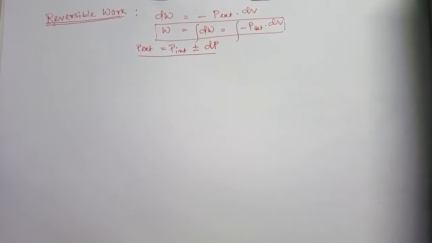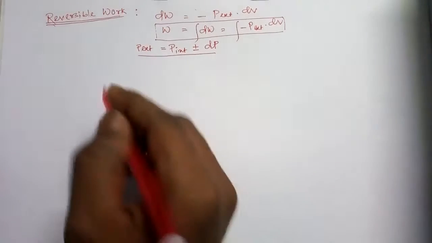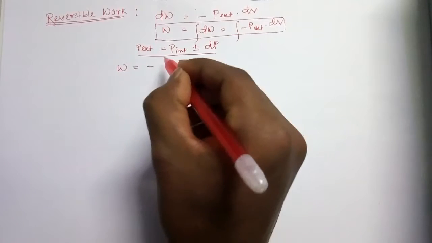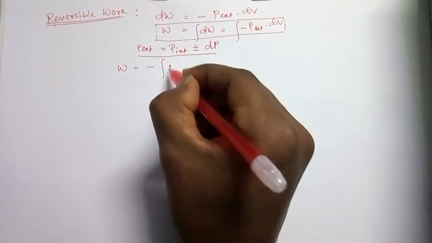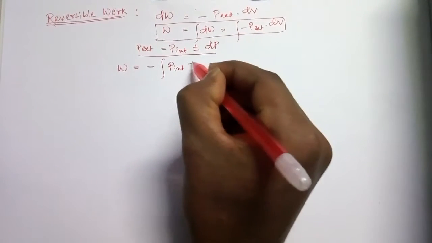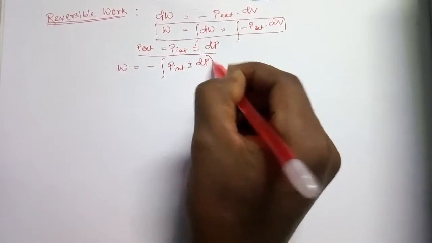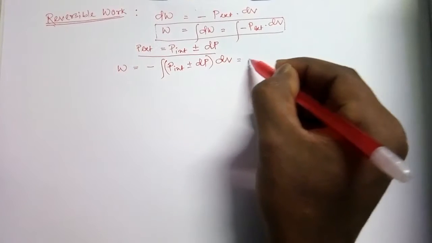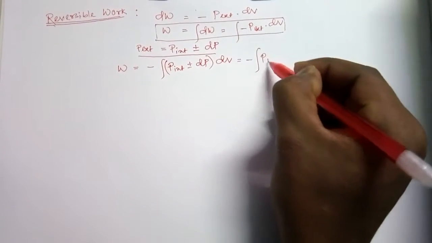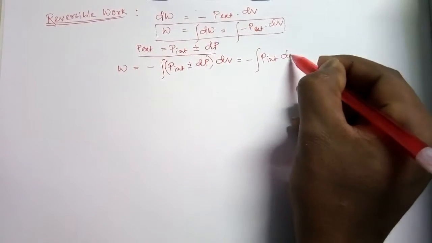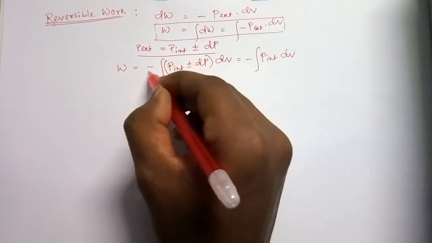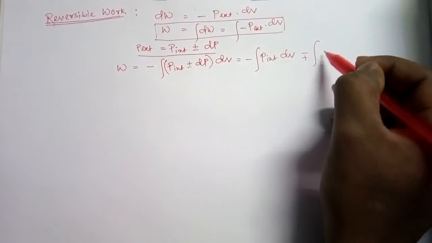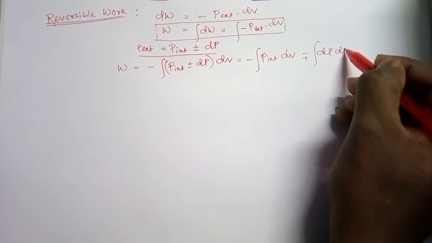Then we can write W equal to minus P internal plus or minus dP into dV, or equal to minus P internal dV minus or plus dP dV.